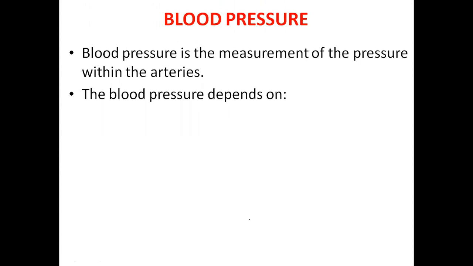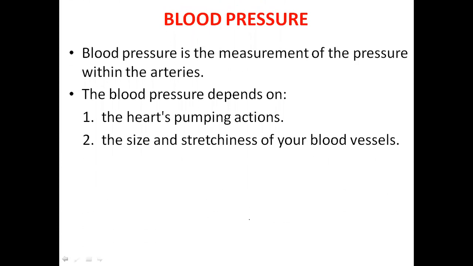The blood pressure depends on these factors. 1, the heart's pumping actions. 2, the size and stretchiness of your blood vessels, how much your blood vessels can stretch, the compliance. And thirdly, the thickness of the blood vessel itself. So these are the 3 things that affect the blood pressure.